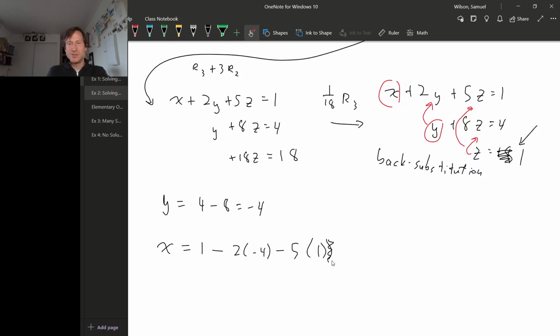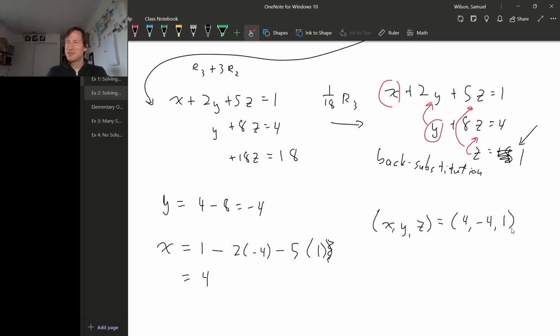And now we can just do the arithmetic here. So 1 plus 8 is 9, minus 5 is 4, I guess. Okay, so now we have a solution. x, y, z is 4, minus 4, 1.